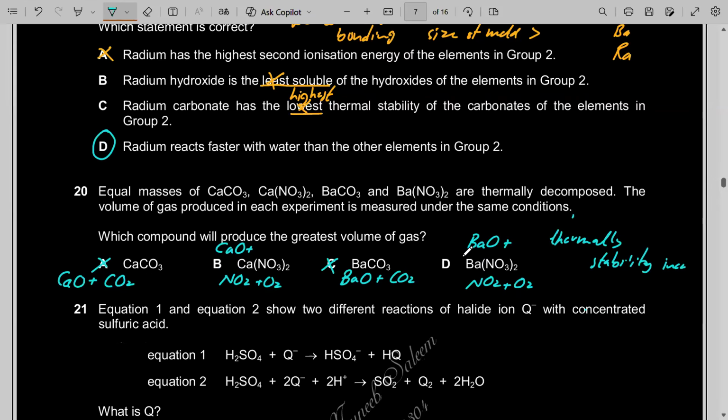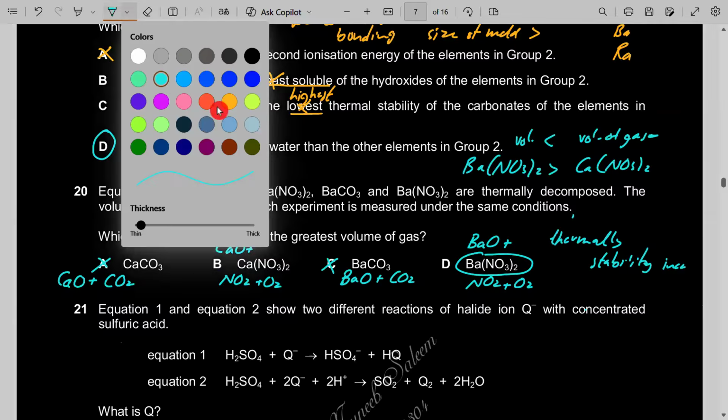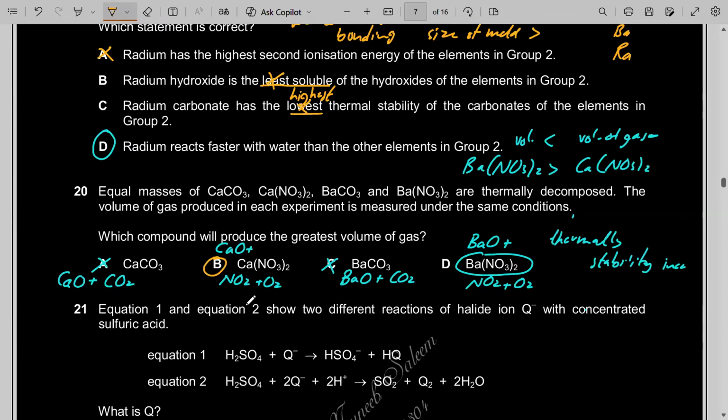Since barium nitrate is more stable than calcium nitrate, the volume of gas produced by barium nitrate will be less compared to the volume of gas produced by the decomposition of calcium nitrate. So that's the reason B is the correct option. So we justified it by the trend of the thermal decomposition of the nitrates.